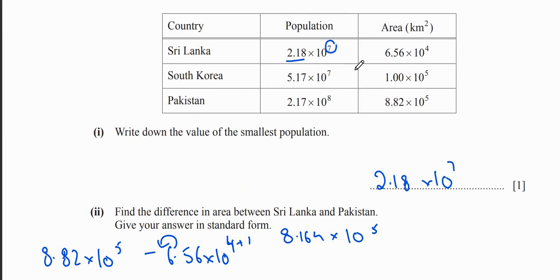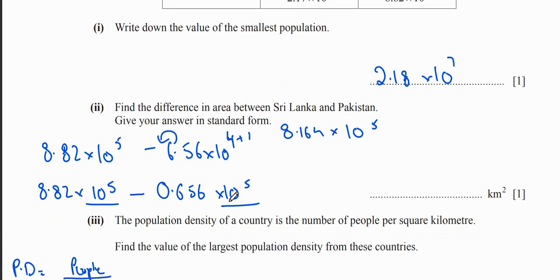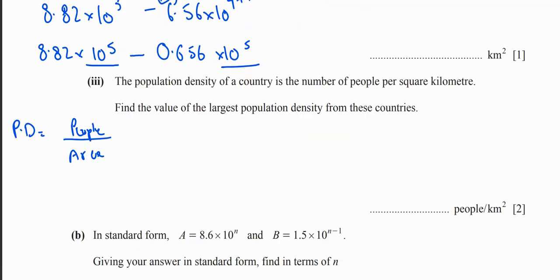So if you look at the question, we'll start with Sri Lanka. For Sri Lanka, population density is 2.18 multiplied by 10 raised to power 7 divided by 6.56 multiplied by 10 raised to power 4.